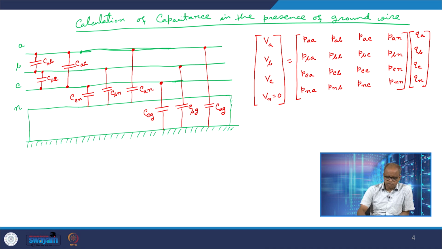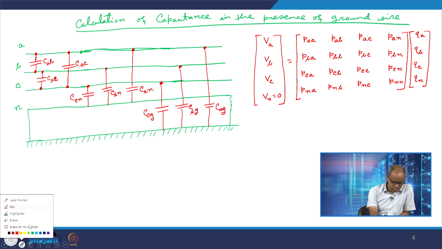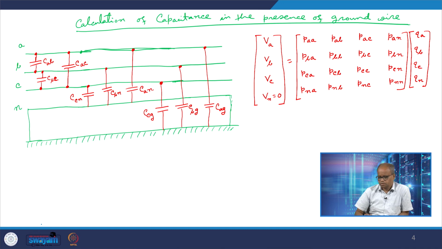Now because VN is 0, we can simply partition it. So we do the partition. Then we can write down VABC, then 0. Let us say we do this partition.